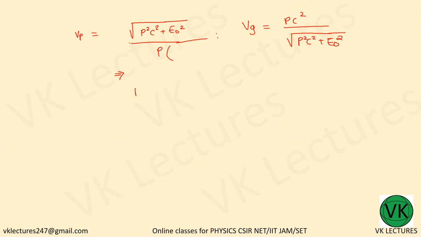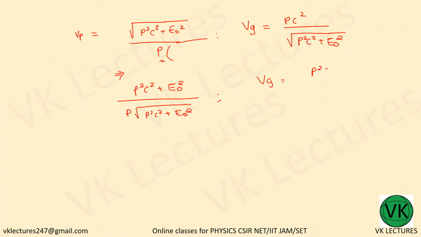So Vp becomes p square c square plus E naught square divided by p into under root p square c square plus E naught square, and Vg is p square c square divided by p into under root p square c square plus E naught square.